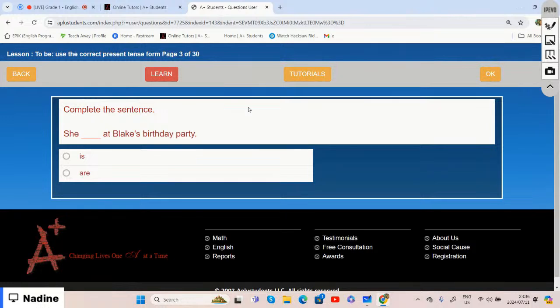The next one says she, which refers to one person. Do we say she is at Blake's birthday party? Or do we say she are at Blake's birthday party? So she is option one or she are at Blake's birthday party? Which one is correct?